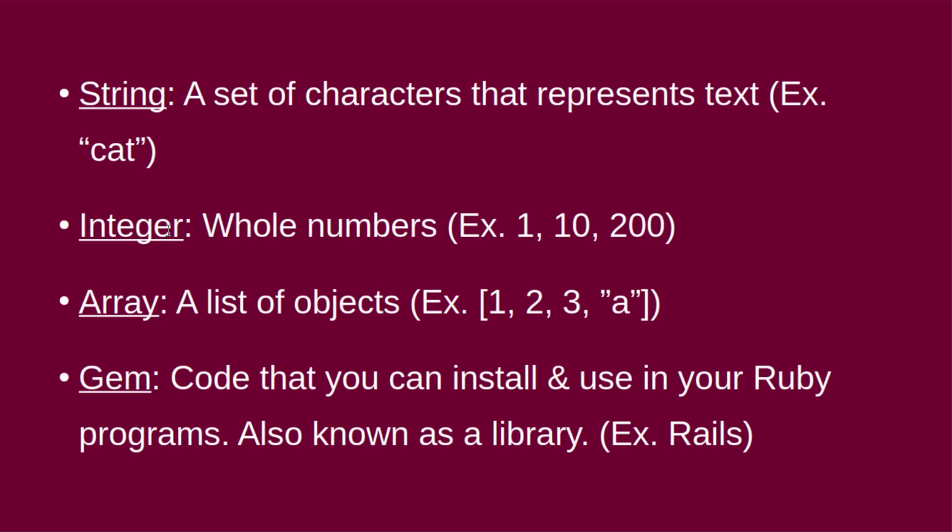That's why we have this separation between numbers inside a string and integers. Because integers like 1, 10, 200, also negative numbers like minus 1, minus 10, minus 200, 0. All of these are integers, so whole numbers.